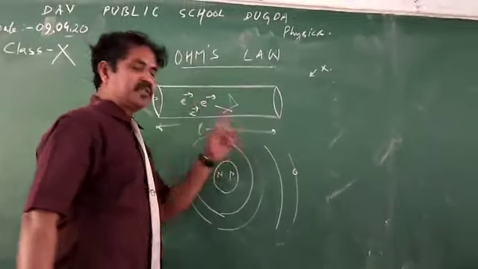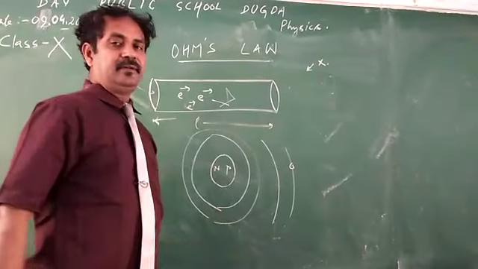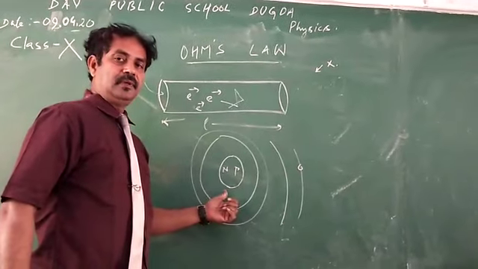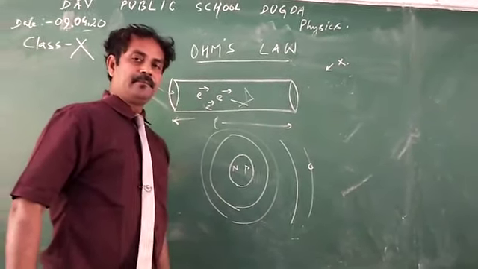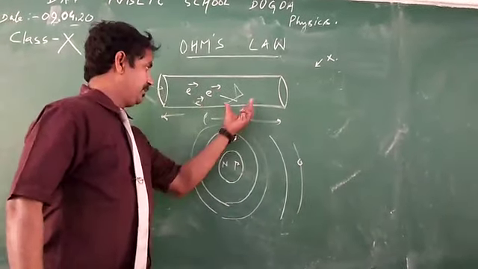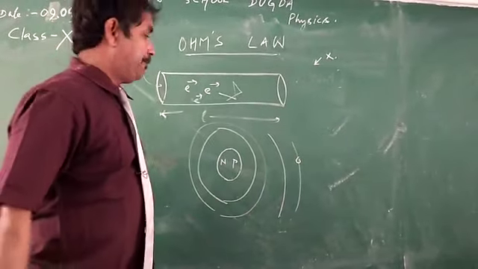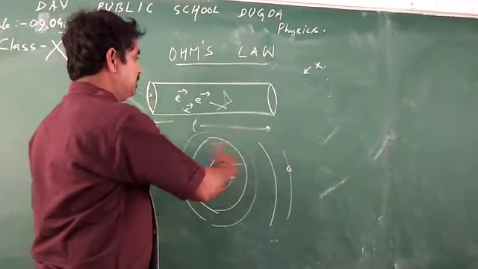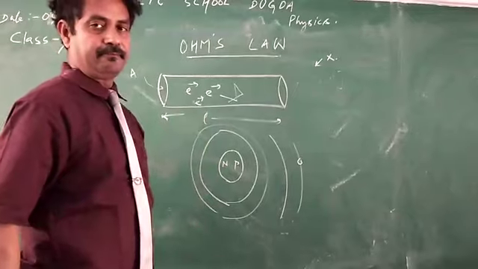When they move inside the conductor, they collide with the atoms of the conductor present in a packed form. Packed form means present in millions of numbers inside the conductor.